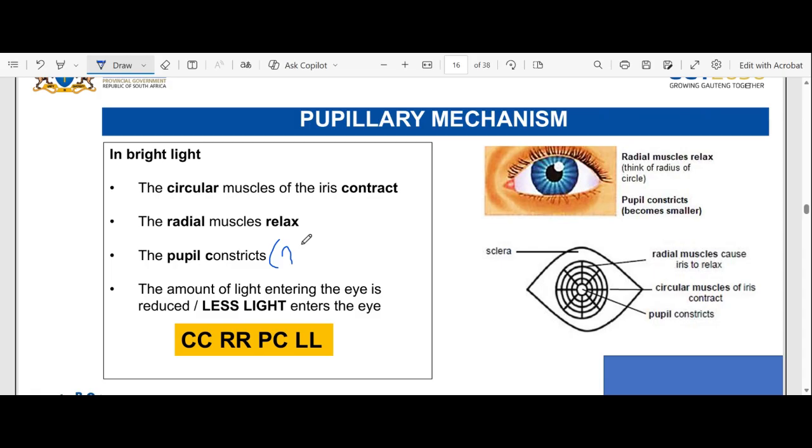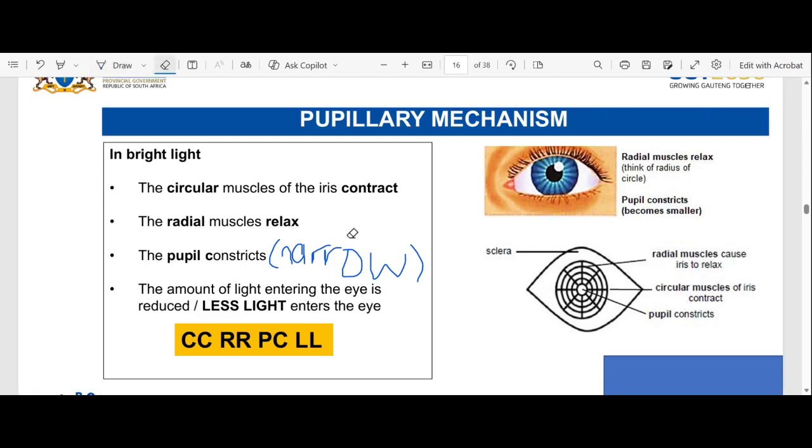So they become narrow, or smaller in size, in order to allow less light to enter your eye.